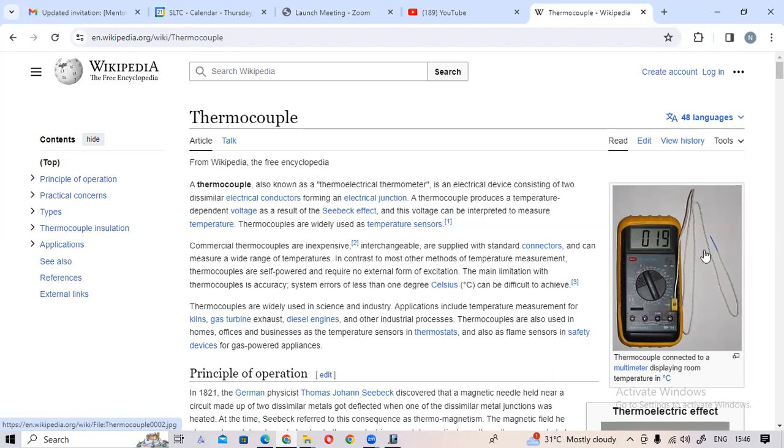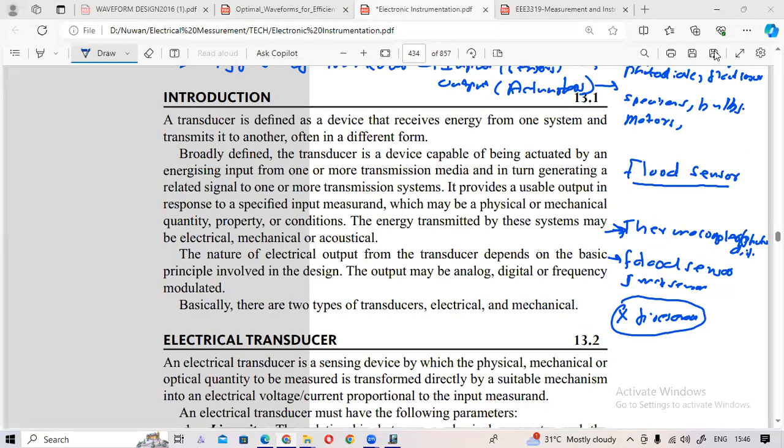So what is the main difference between thermocouple, photodiode like sensors and this flood, smoke type of sensors? So maybe you should be able to understand that one, actually.